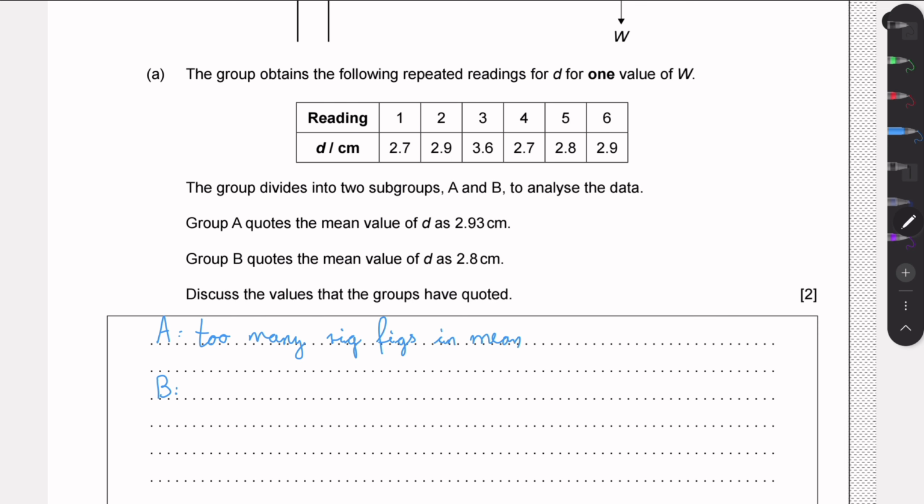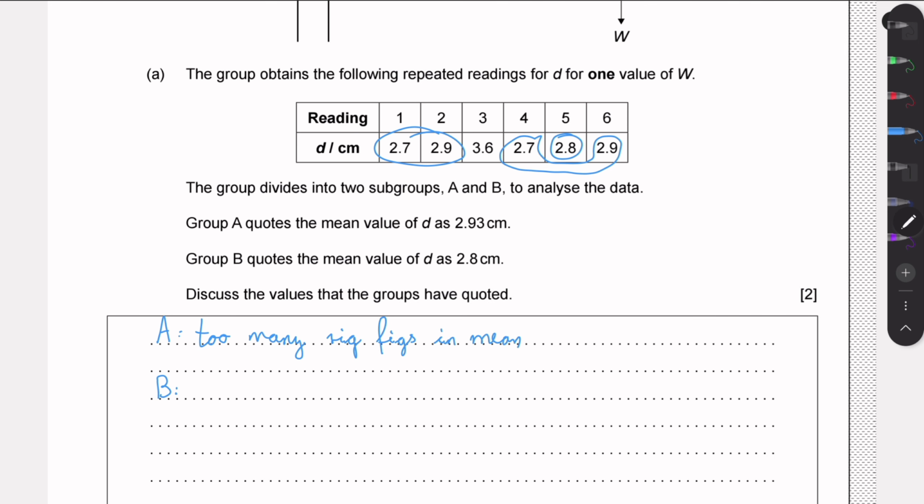And well, I'm going to be honest, noticing this, or at least what the mark scheme says, I probably would have never thought of this on my own. So what group B did was assume that 3.6 was an outlier. So if we calculate the mean value of only these 5 data points, we get 2.8. We can see that because these two form an average of 2.8. We have 2.8 here, and again, these two form an average of 2.8.